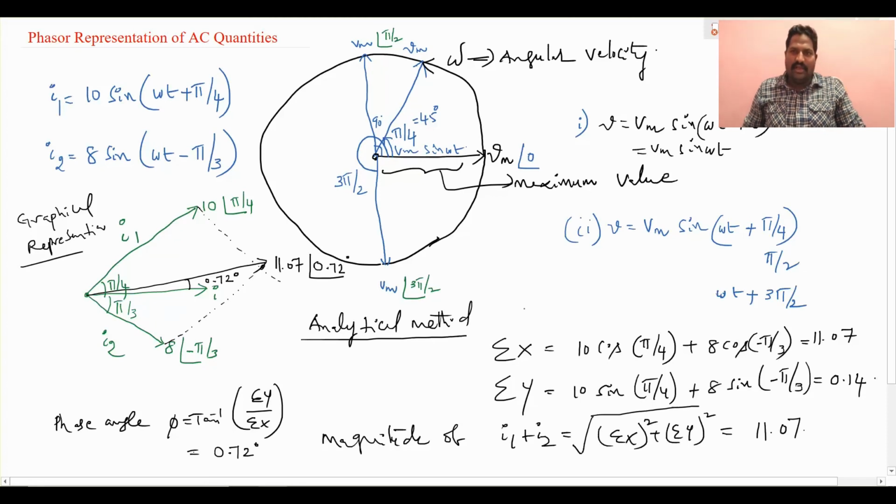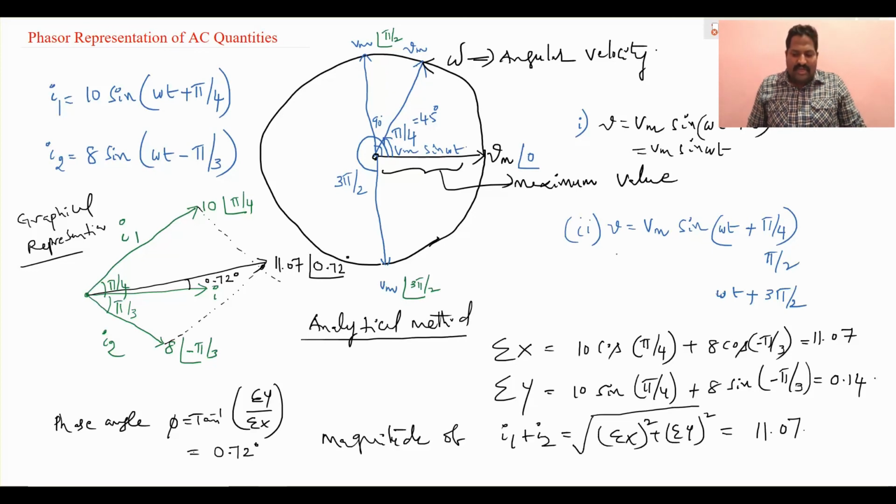With the analytical method, we can calculate the resultant of any waveforms. If we have three waveforms, we calculate the horizontal component sigma x and the vertical component sigma y, and from those two values we can calculate the resultant magnitude and resultant phase, right?